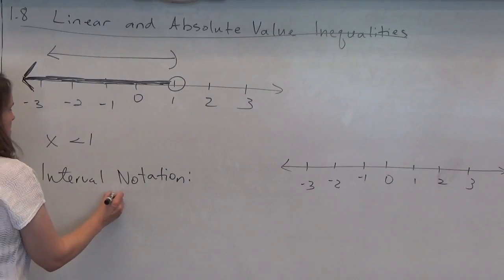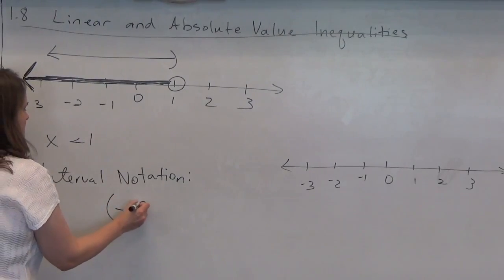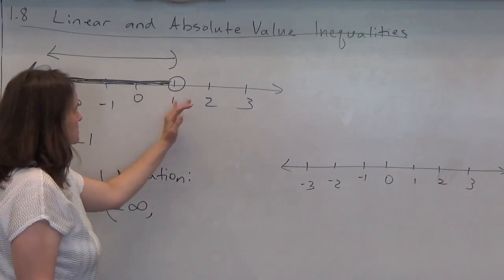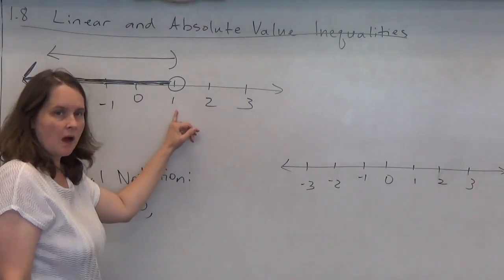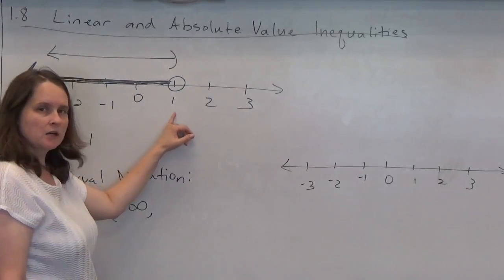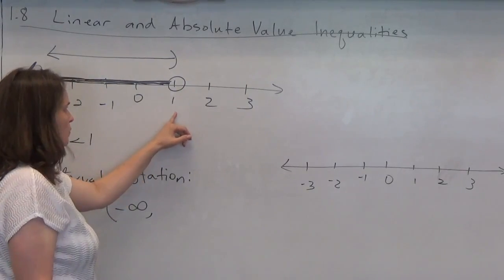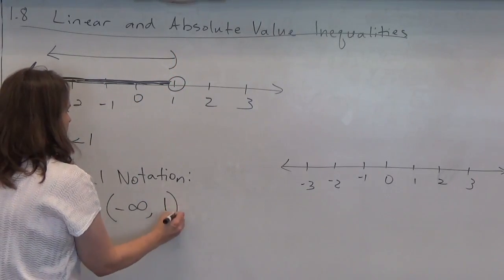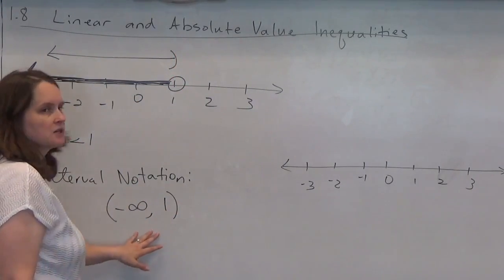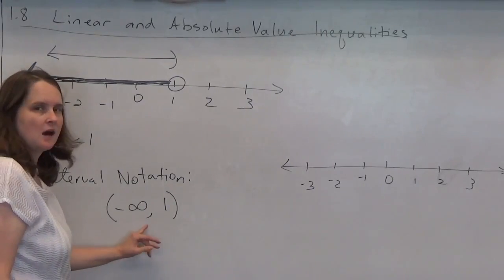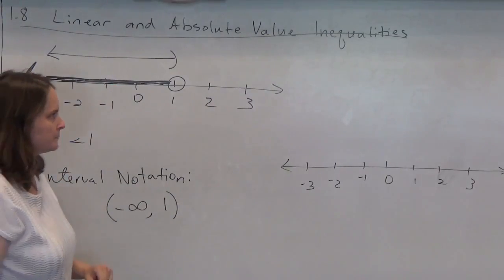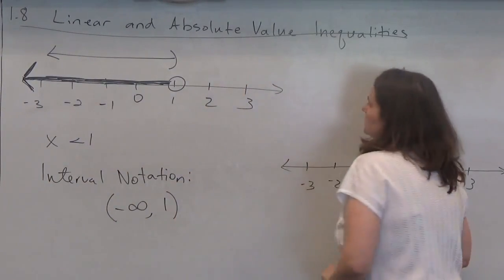So it starts at parentheses negative infinity, and then it continues going left to right until it gets to 1, and then it stops at 1. 1 is not included, so we indicate that with the round parentheses symbol. So that would be my interval notation: parentheses negative infinity, comma 1, parentheses describes the graph that I've just done here. Okay? Let's do another one.